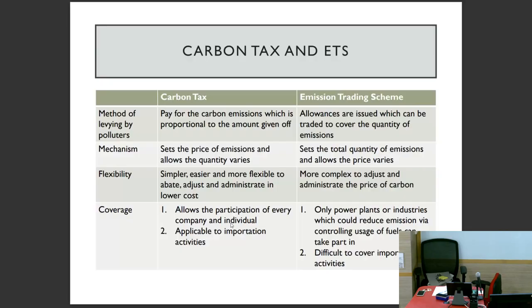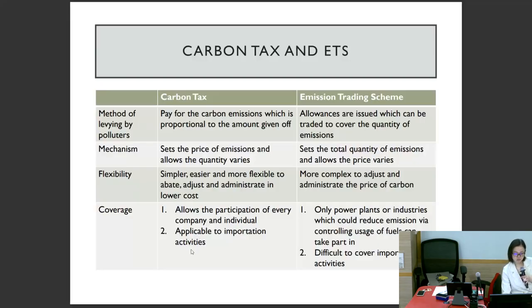Or maybe you buy some furniture, and if that furniture has a higher carbon intensity, then you also need to pay the carbon tax. Or even the A4 paper that you consume may include carbon tax. So the carbon tax can be applicable to big companies, small companies, or even individuals.